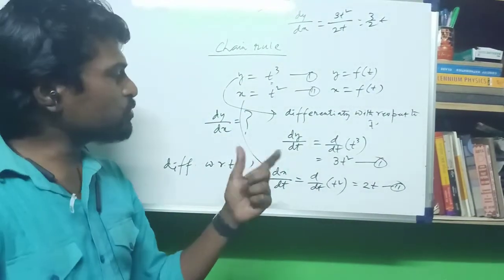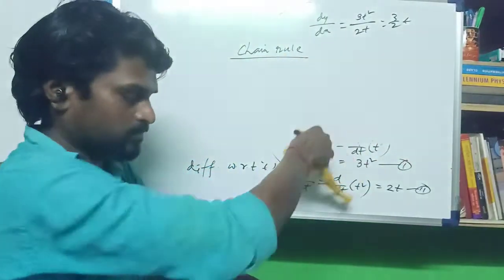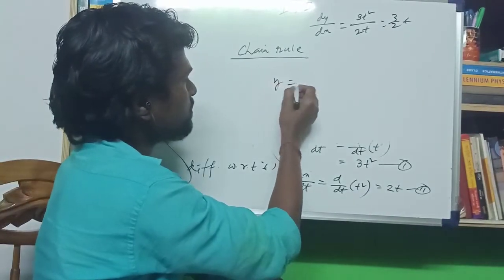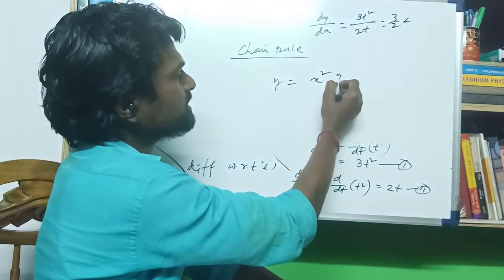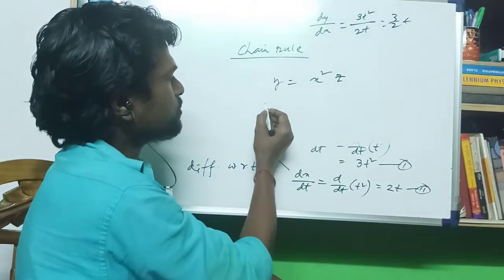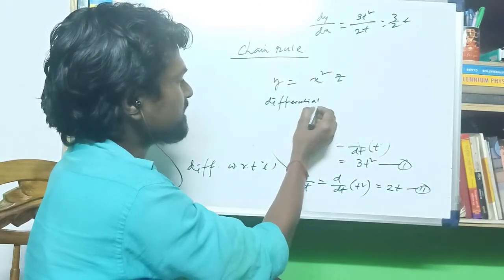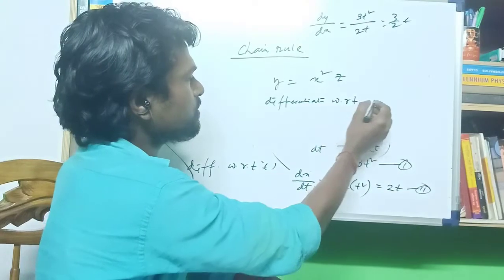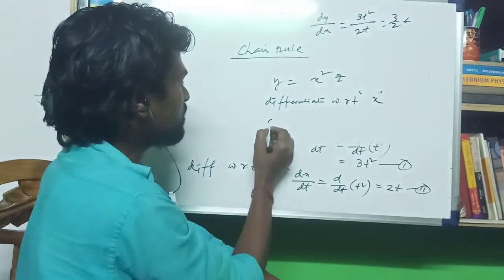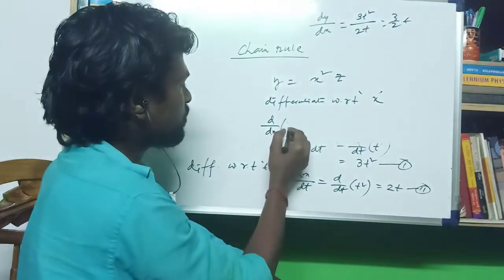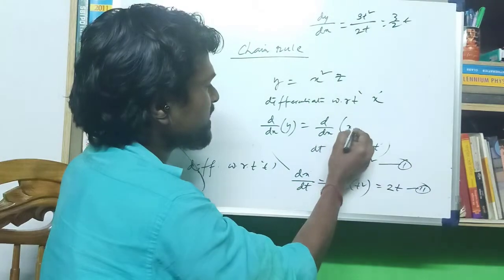If there are two different functions, suppose y equal to x square into z, differentiate with respect to x. So d/dx of y equal to d/dx of x square z.